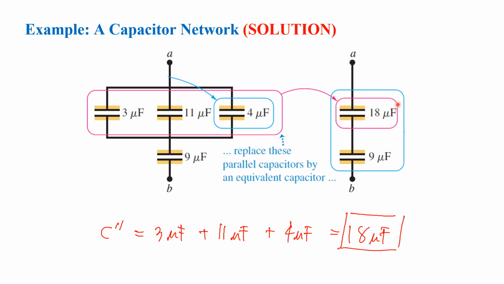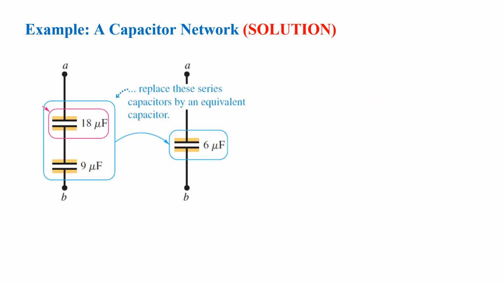Now we are left with just two capacitors: your 18 microfarad capacitor, which is a combination of those three capacitors, and lastly your 9 microfarad capacitor. You see that for this network, these two capacitors are in series, and you can replace them by an equivalent capacitor.